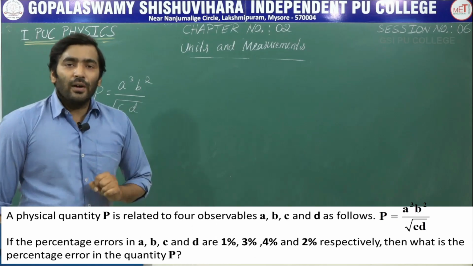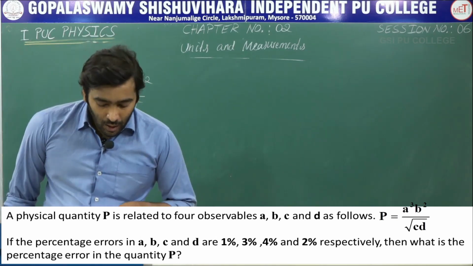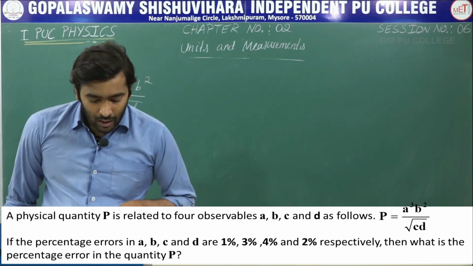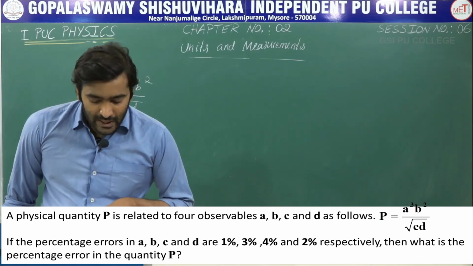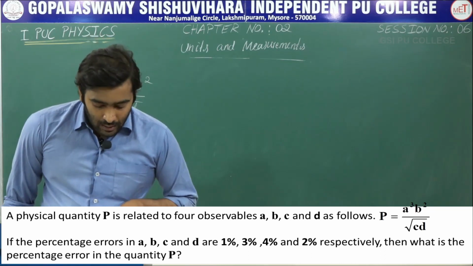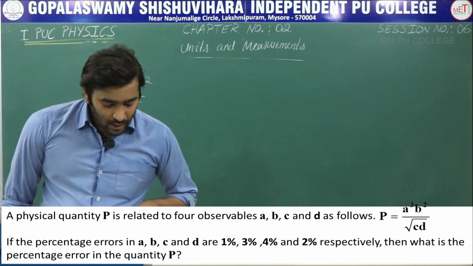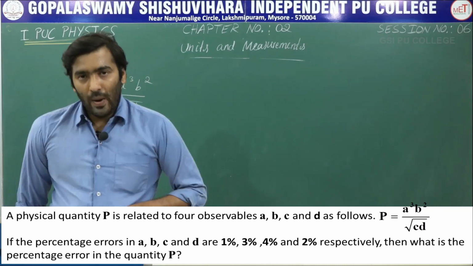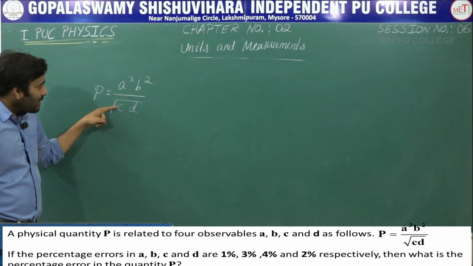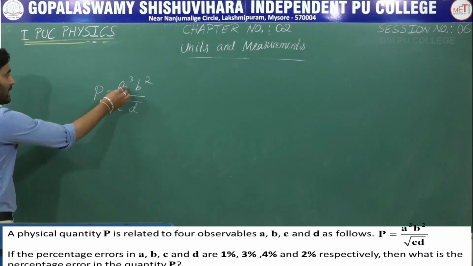They are also given that the percentage errors of measurements in A, B, C and D are 1%, 3%, 4% and 2% respectively. Then what is the percentage error in the quantity P? So the question is, they have given the percentage error with respect to these observables. What is the error in A?